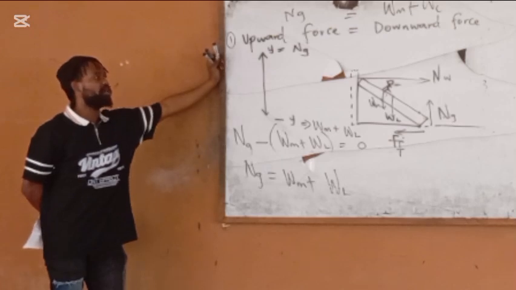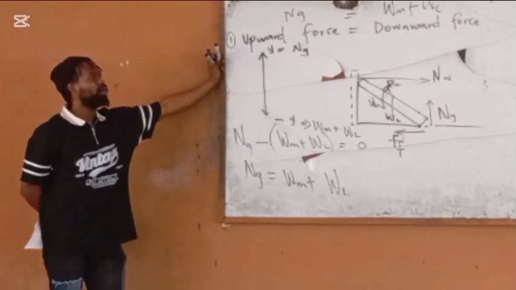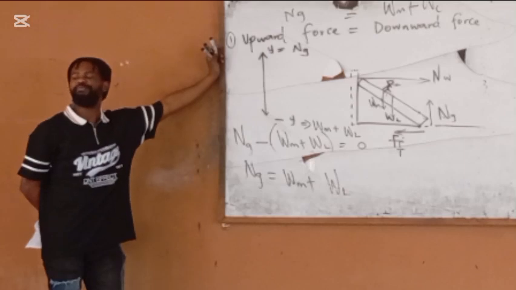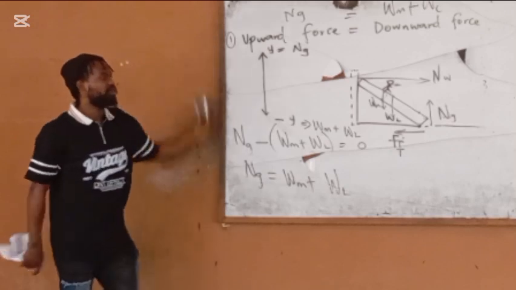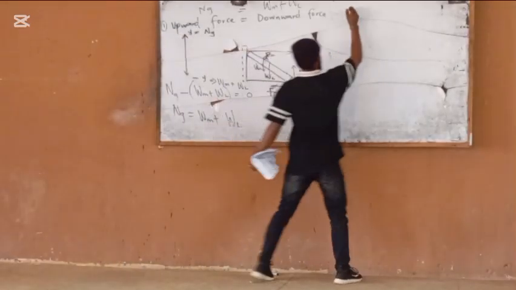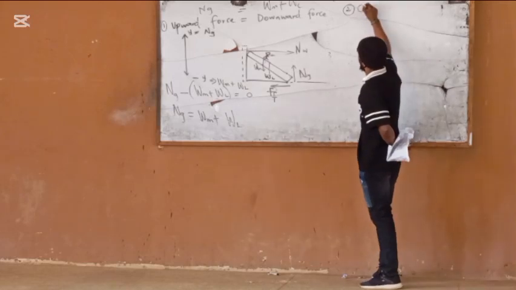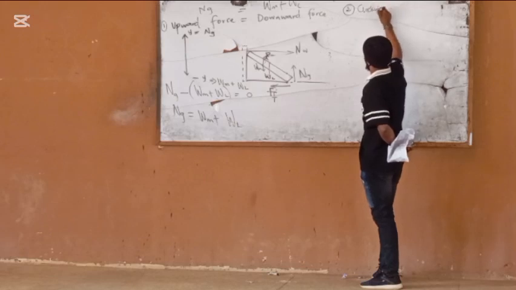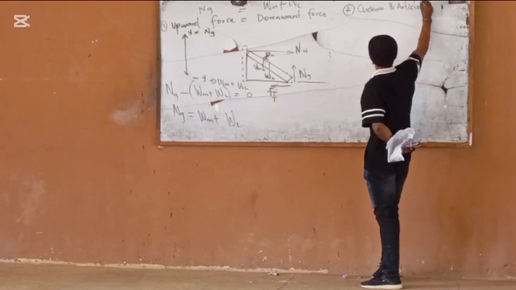So the second rule is simply that the sum of clockwise moments must be equal to the sum of anti-clockwise moments, which is the same thing as saying the sum of parallel forces must be equal.